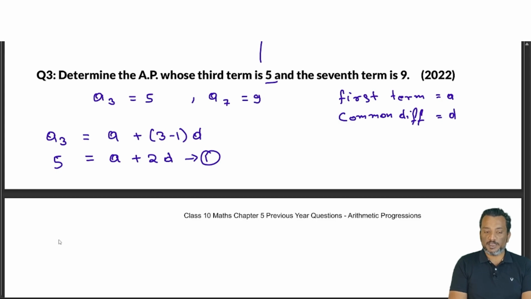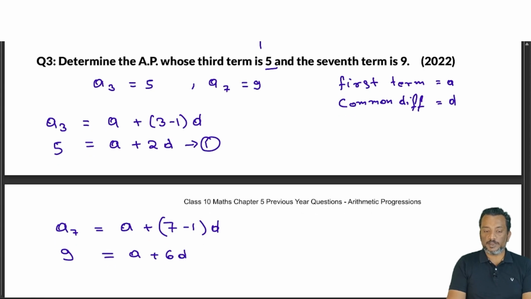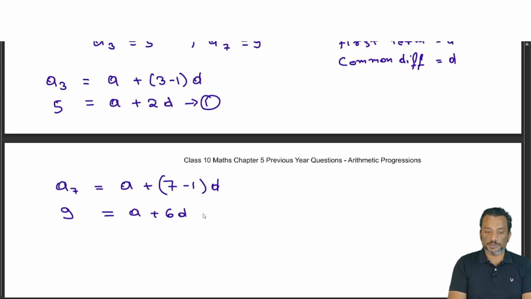Now in the same way, A7 is A plus 7 minus 1 times D. A7 is given as 9, so you get A plus 6D equals 9. This is your second equation.